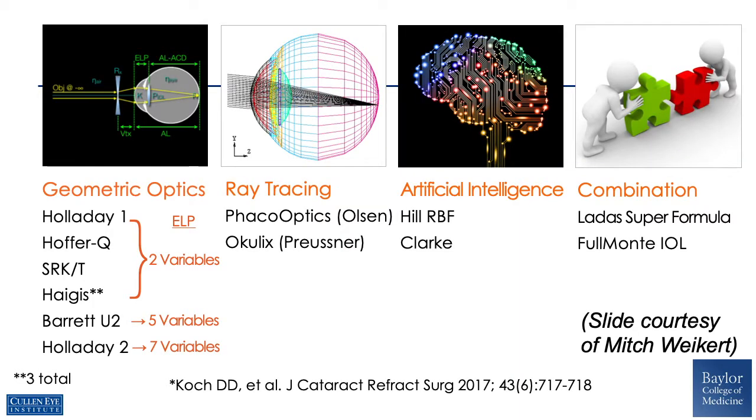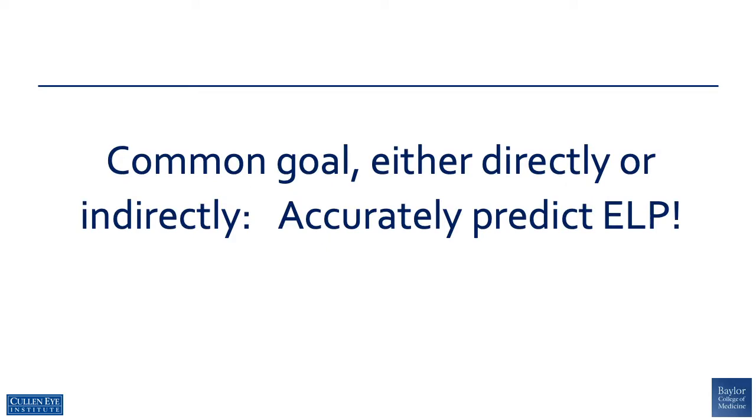And we felt there were four categories: those that are based on geometric optics, that in turn differ by the number of variables they use to calculate the effective lens position, whether it's 2, 5, as in the Barrett, or the Holladay 2, 7 variables; ray tracing formulas; artificial intelligence formulas, the Hill RBF being the most notable; and then the combination formulas. But the common goal of all these formulas, one way or the other, is basically to compensate or to calculate the effective lens position.